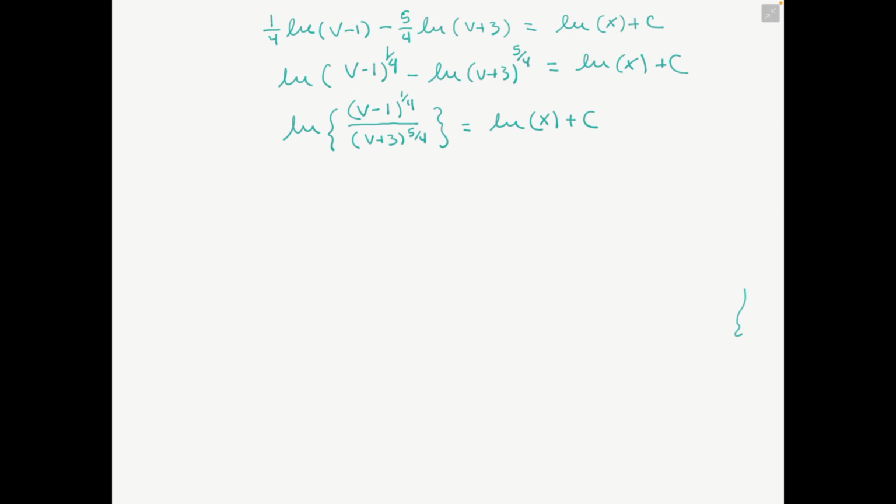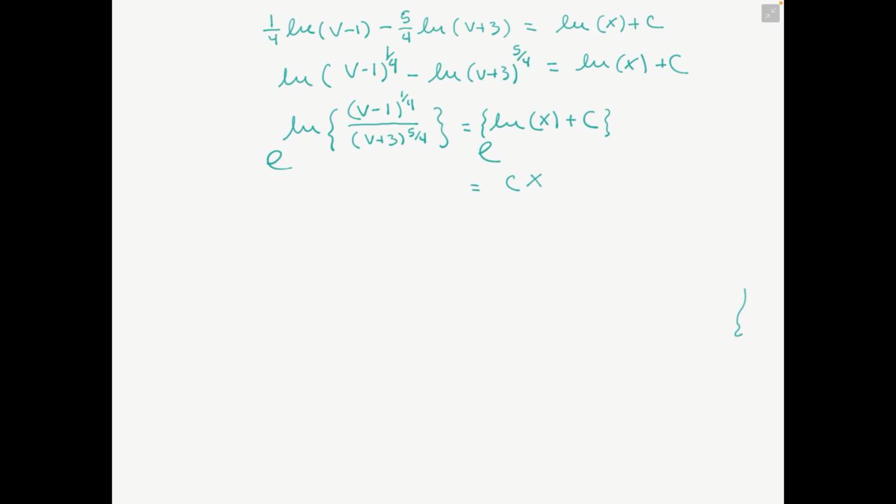Now we start bringing everything to the, using exponentials. We've got then e to that and e to all this, and this is equal to c x.